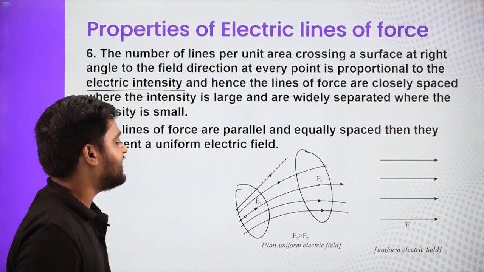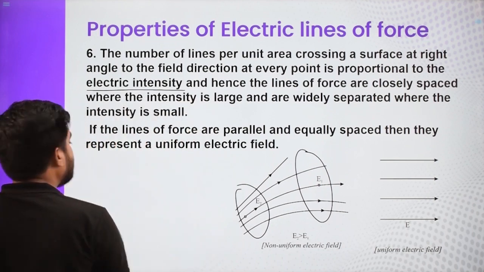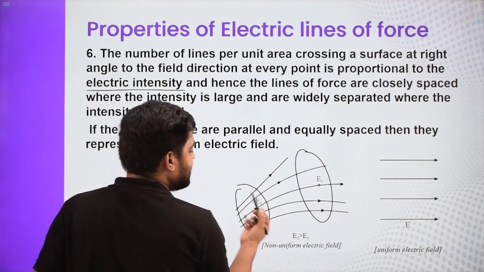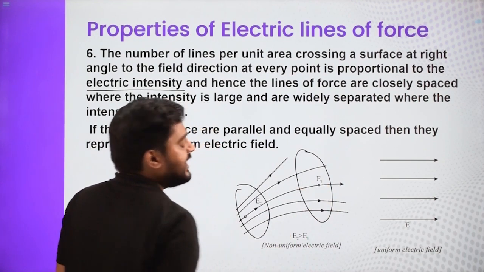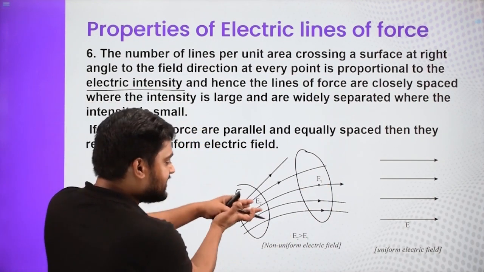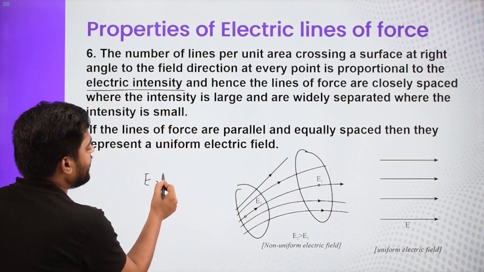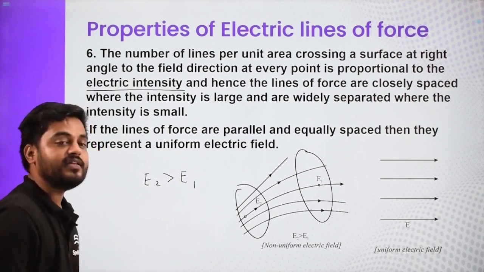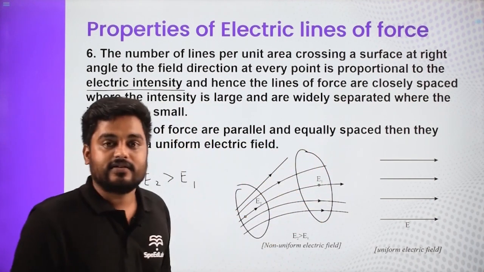So look at this case. Here the field lines are moving kind of away from each other. So here the average electric field I am saying is E2 in magnitude, and here the electric field is E1 in magnitude. Here they are closely spaced, here they are separated. So we can say E2 is greater than E1. So here the field has to be stronger and here the field has to be lesser or weak.